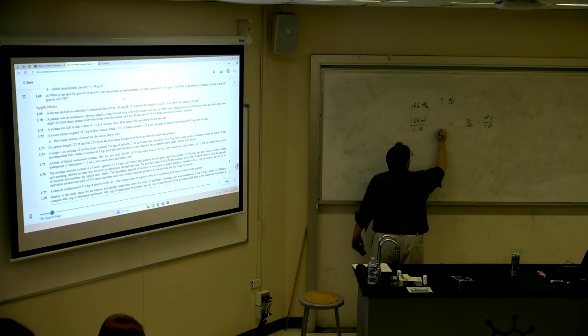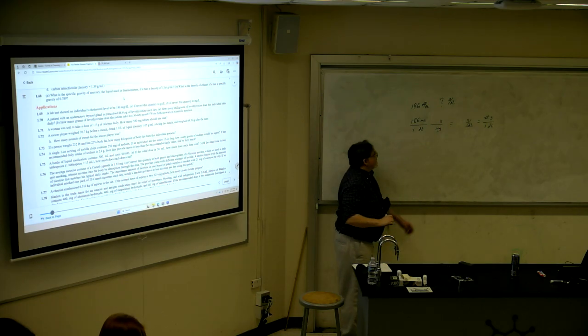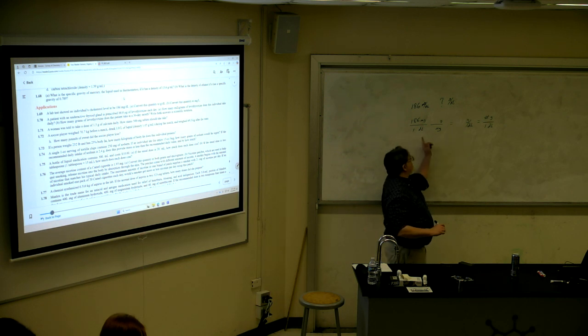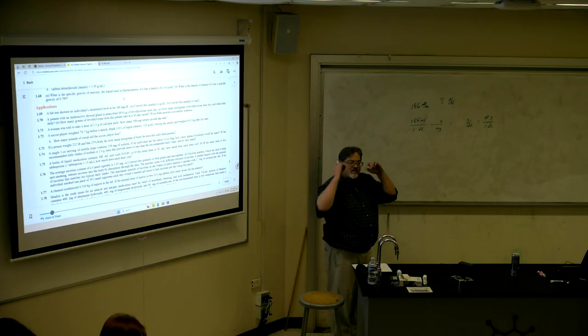So I need some numerical value here. Deciliter is the same, so we don't need to cancel that. We need to cancel milligrams to grams. So if you fill that in, you can see that the milligrams cancel and you end up with grams on top and deciliters on the bottom.